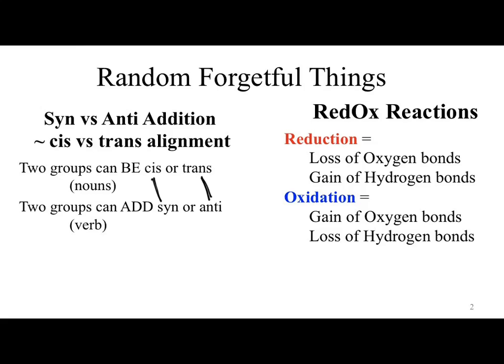That reaction would get classified as a reduction. An oxidation reaction is a gain of oxygen bonds or a loss of hydrogen bonds. Okay? So they interplay with each other.